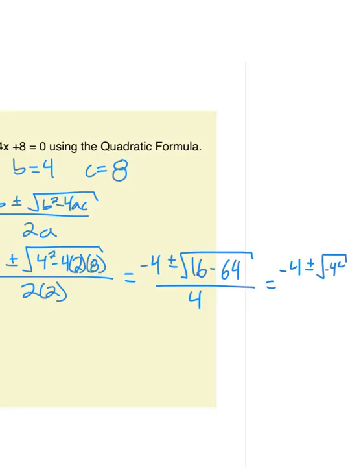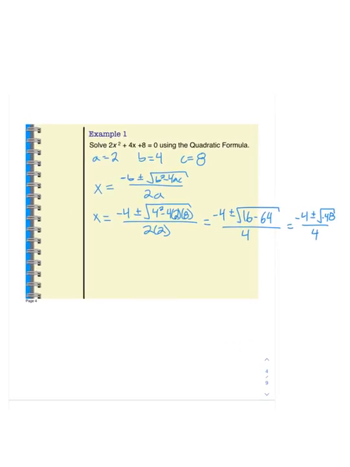And there's actually going to be a negative under the square root, which means because there's a negative under that square root, we're going to have no real solutions. Again, that's because there's a negative under the square root. It's not going to be a real number, so there's no real solutions.